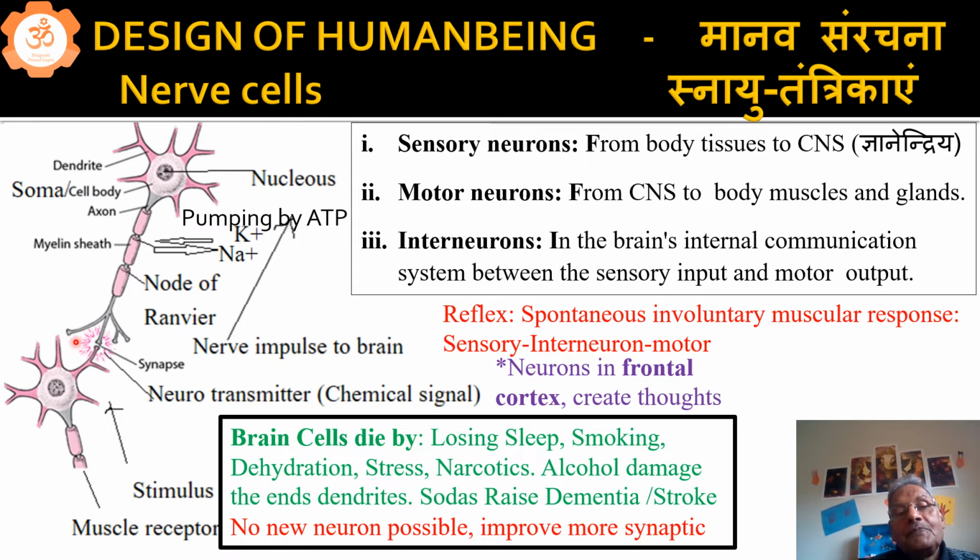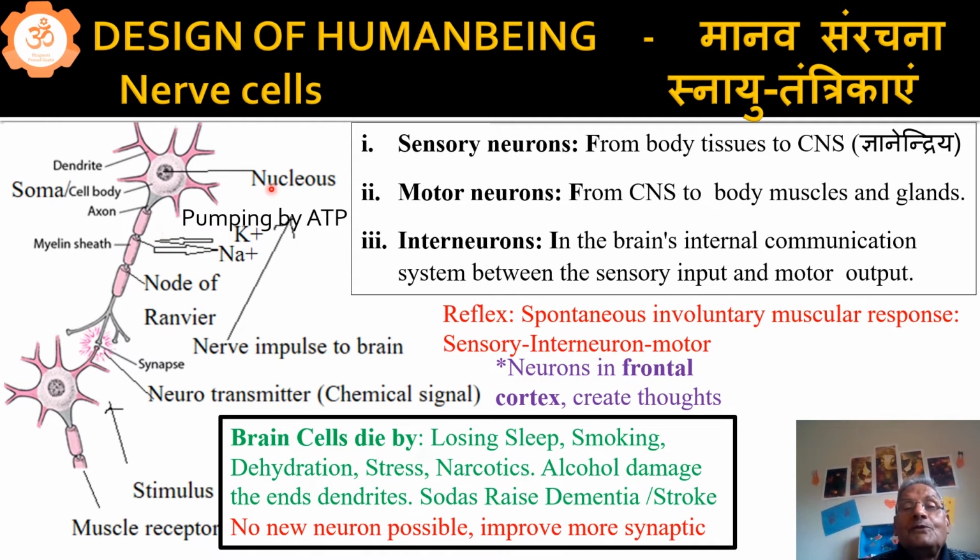In this way, whatever instructions are coming from the brain are passed on up to the last body cell of the body. Same way, whatever is sensed by the body is passed on through the synapses to the brain, and the brain processes it.